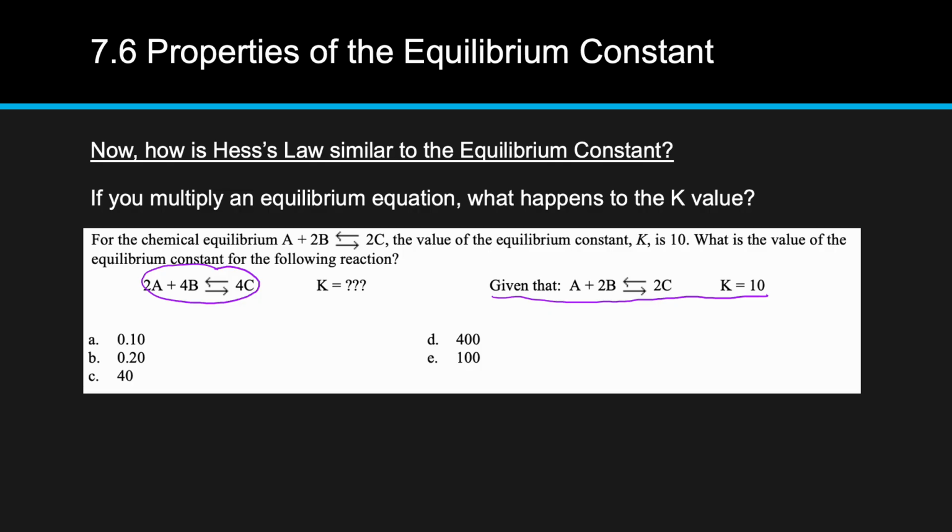However, we do need to multiply this entire reaction by 2 to get it to the same as our desired reaction. So remember, with Hess's law for equilibrium constant, when you multiply an equation by 2, you are actually raising your K to the second power, not multiplying it by 2. So since K is equal to 10 squared, our new K value is going to be 100.